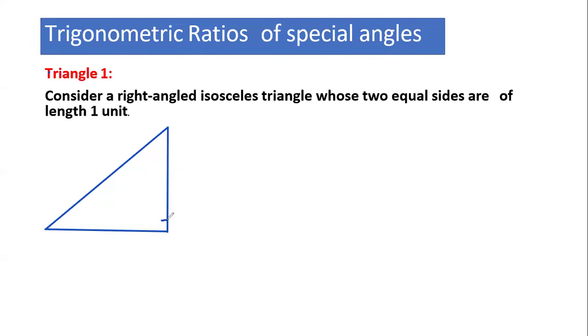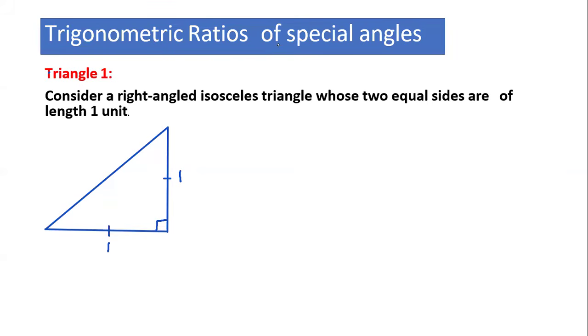So if this is our 90 degrees, what are we going to do? A right-angled isosceles whose two equal sides are of length 1 unit. So here, members, this side and this side are going to be equal, and their length is 1 and 1. Now, what am I going to find? I'm going to obtain my hypotenuse.